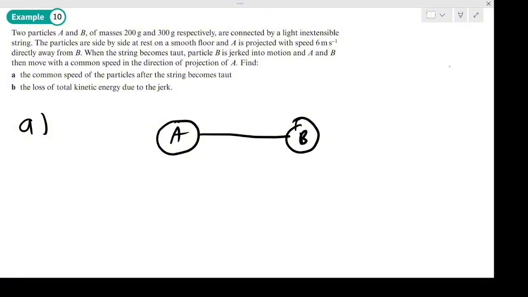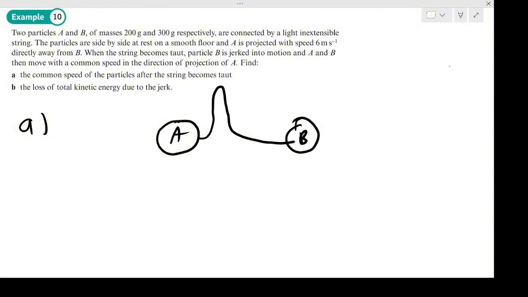Now what's happening is originally they're both at rest, so the string is a bit loose. Okay, it's slack. It's not being really stretched or stressed in any way, so it's going to be a bit loopy like that. So it's quite a loose piece of string. It's not being stretched at all. Hopefully you can see that.